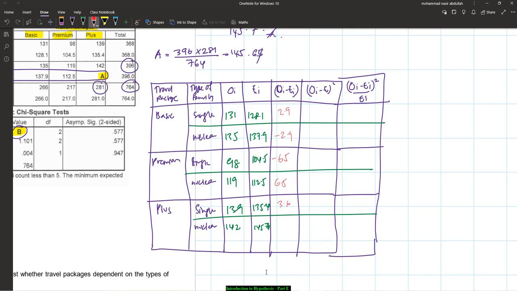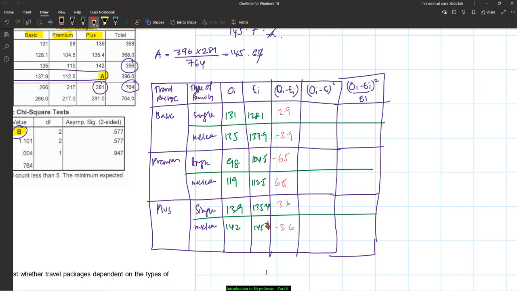142 minus 145.7. This one should be negative 3.6 lah. Then it should follow the sequence lah.